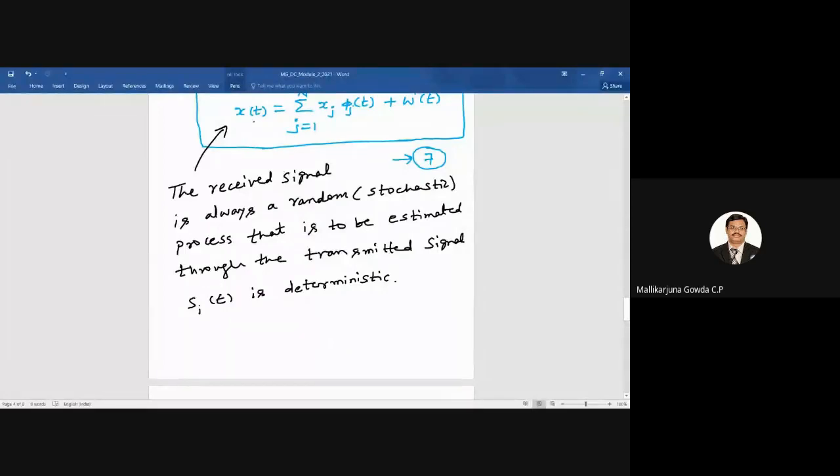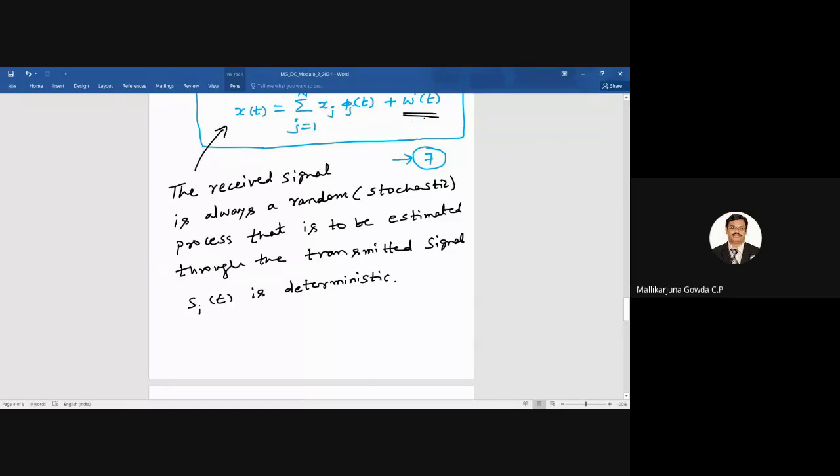Okay, so this equation 7 I said, no? The expansion of this equation 7 is random because the channel noise W dash of t is there, at the receiver input.